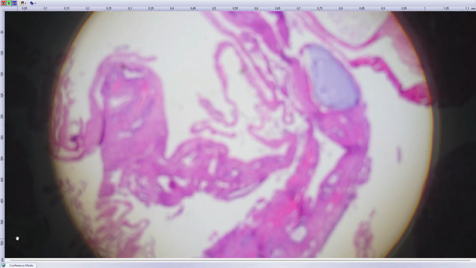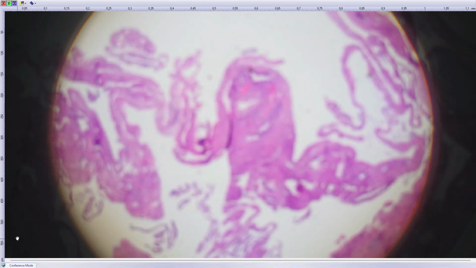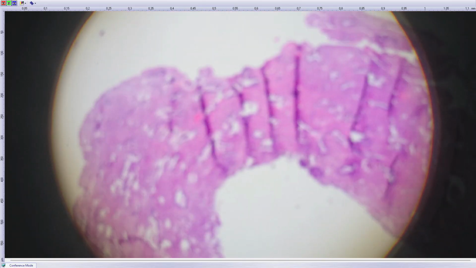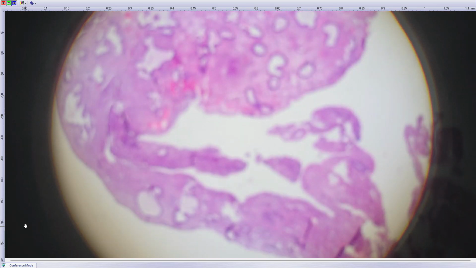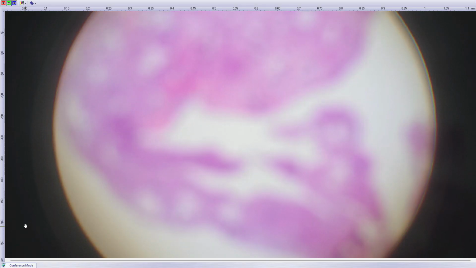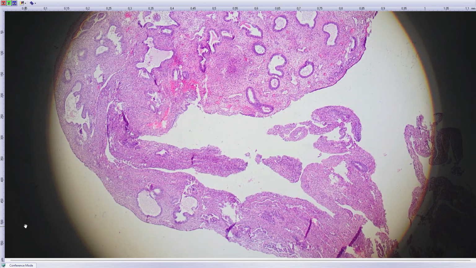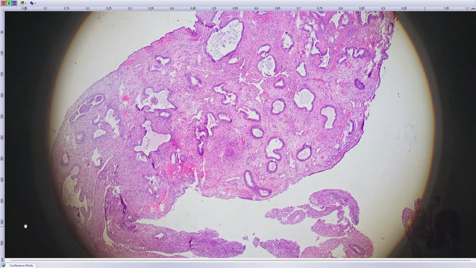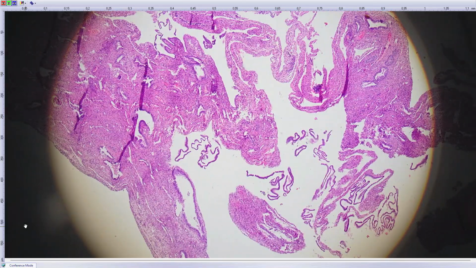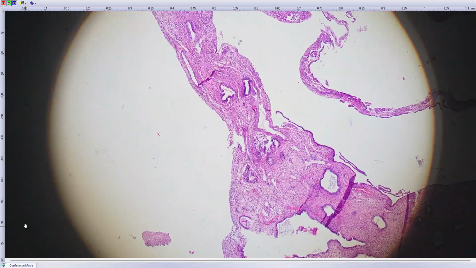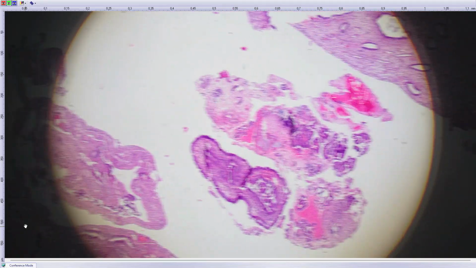The age of the lady is 68 years old, and as you can see, this is a typical type of corporal endometrial polyp. You can see the typical appearance of atrophic type endometrial polyp.